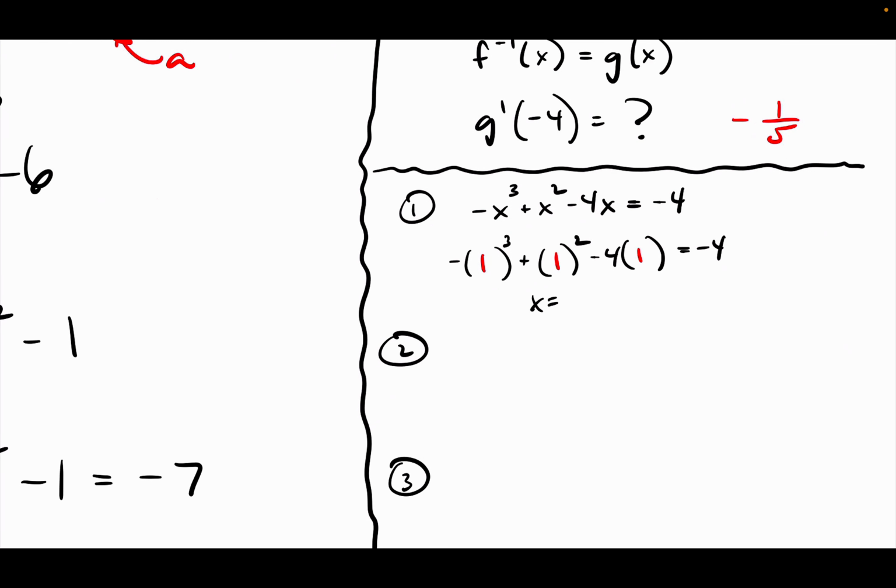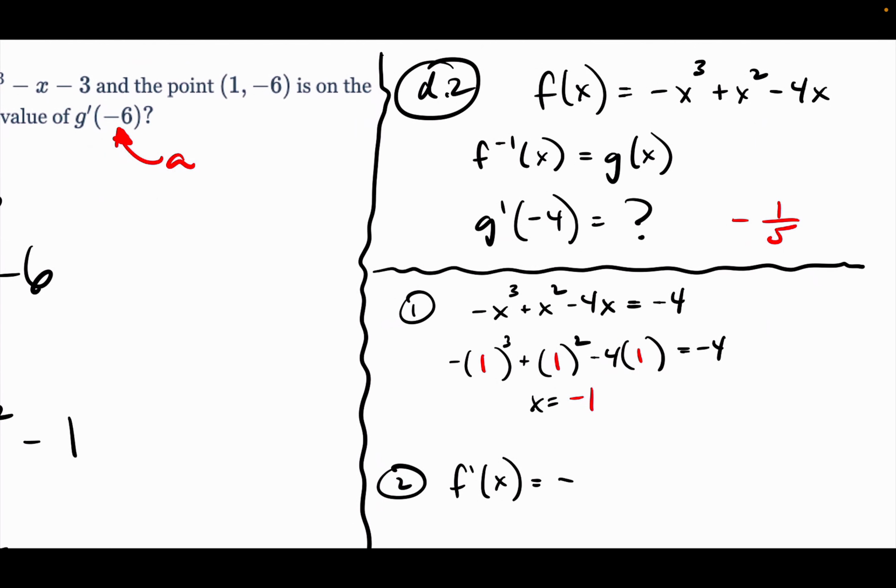You plug in 1. You find a derivative first, or you plug in x. Next step. Find the derivative. The derivative of this guy is negative 3x squared plus 2x minus 4.